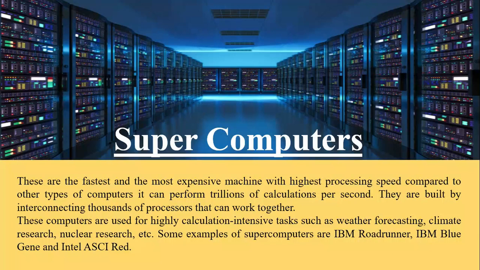Now, why are these computers used? These computers are used for highly calculation intensive tasks such as weather forecasting, climate research, nuclear research, etc. Some examples of supercomputers are IBM Roadrunner, IBM Blue Gene, and Intel ASCI Red.